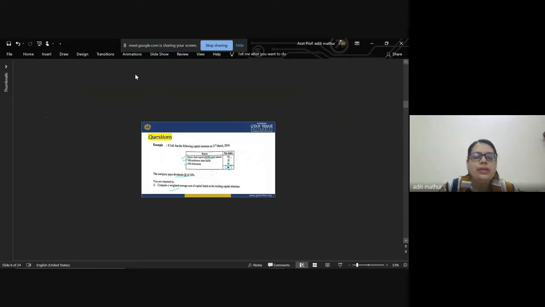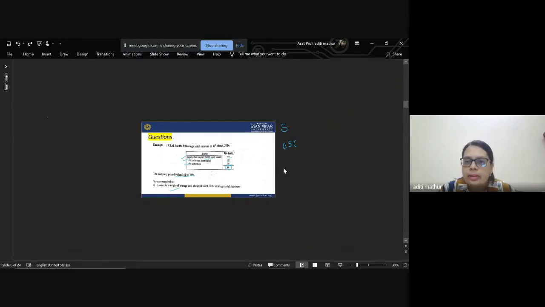So let us just first prepare the table. Sources of fund. Over here, I'm using abbreviations, but I request you all not to use the abbreviation. Please use the full form. Equity share capital.